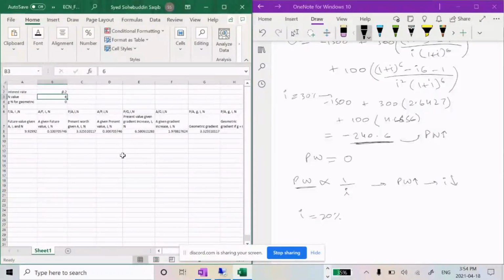So now we get 0 equals negative 1500, plus 300 into the P/A, which is 3.3255, and the geometric gradient factor is 6.506. Plug this into the calculator: 0.3255 plus 100, 6.5806. You still get a negative value.